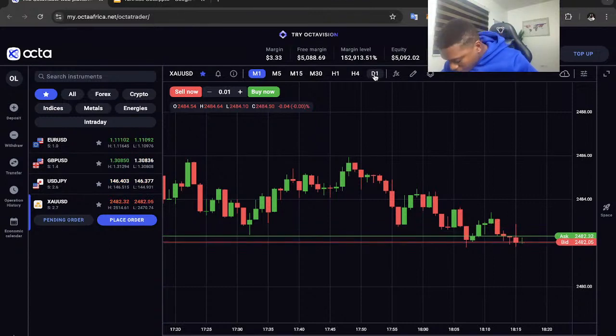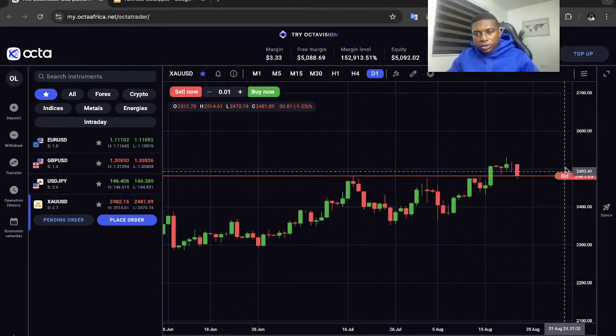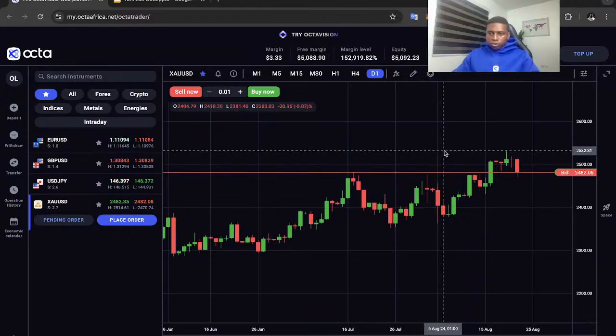Okay. So we can see that here on gold, let's go to the daily time frame. The interesting thing to also note is that gold actually got to an all-time high level recently, as high as $2,532.